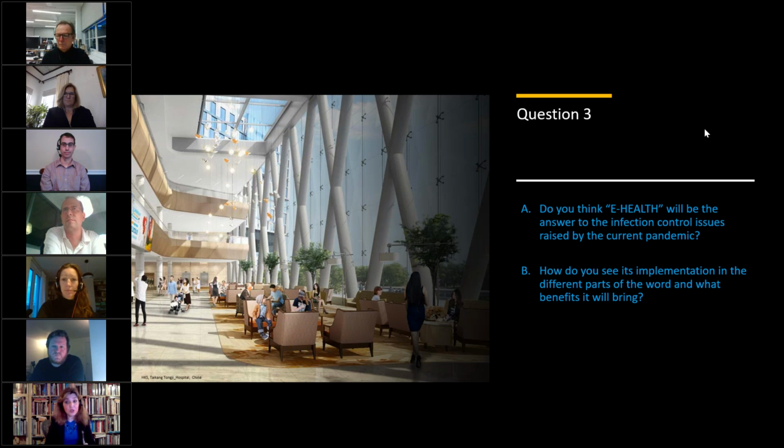So the question is, how do you see the implementation of online health in the different parts of the world and what benefits will it bring? It's quite an interesting question, how this combines flexibility, online health, and how the future of these hospitals looks in the different parts of the world. Who would like to start with that?